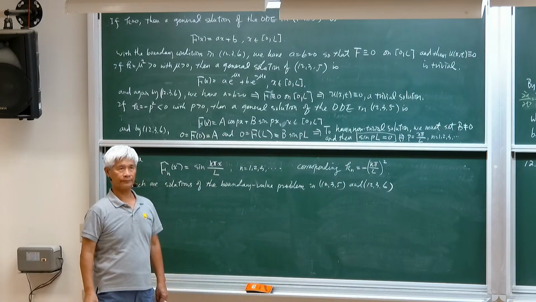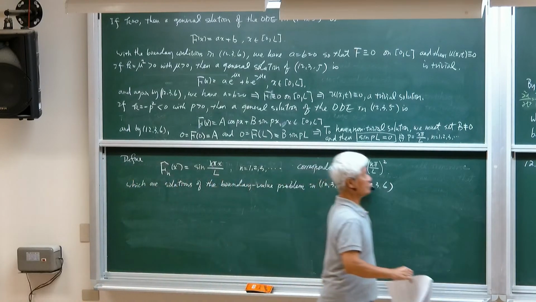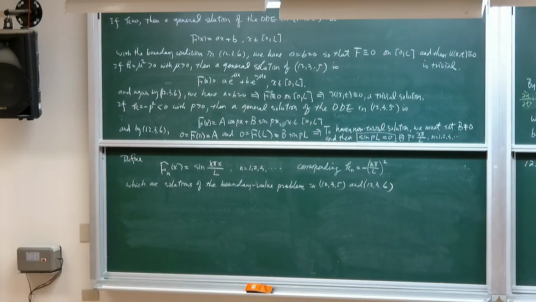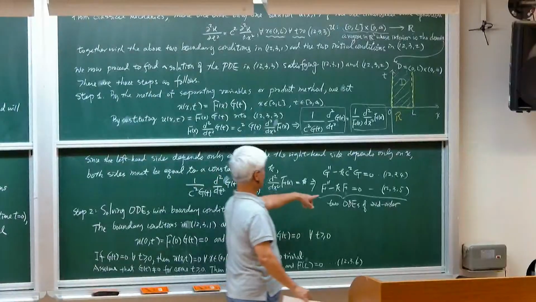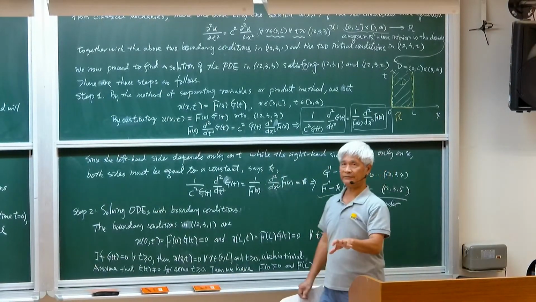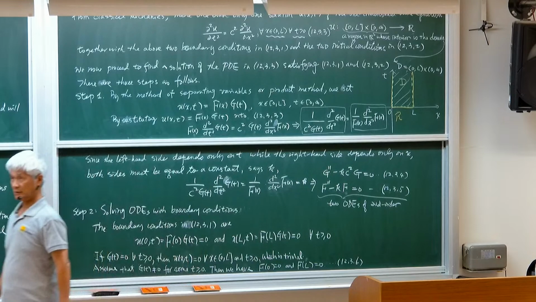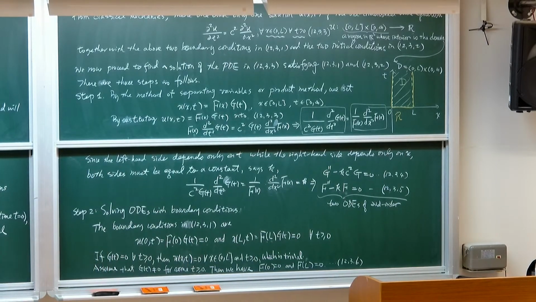So the k should be k sub n. For those k, we still have a non-trivial solution. So we're still alive up to now.